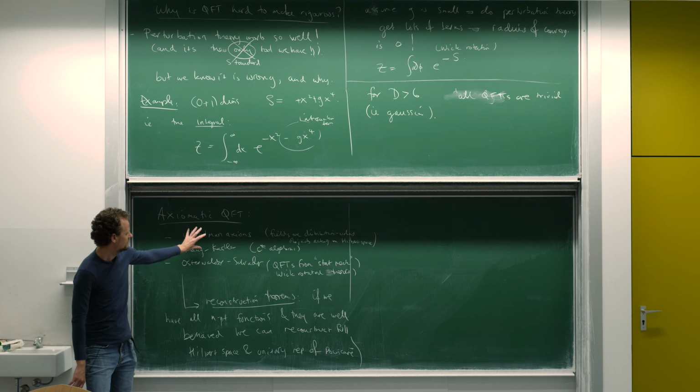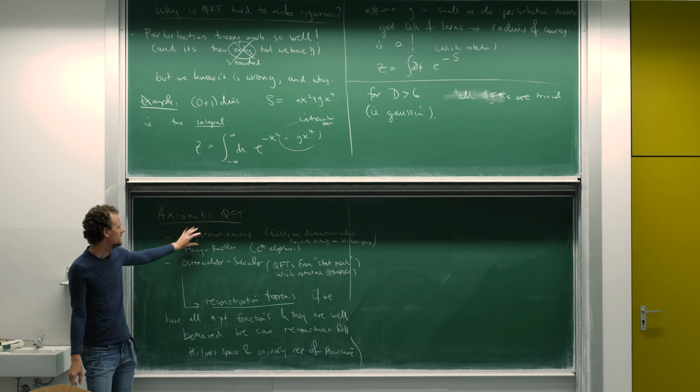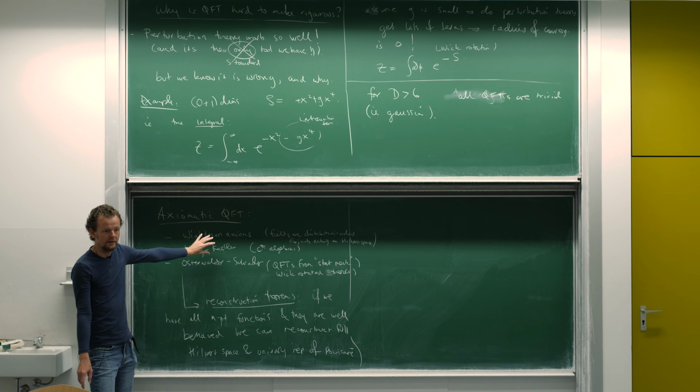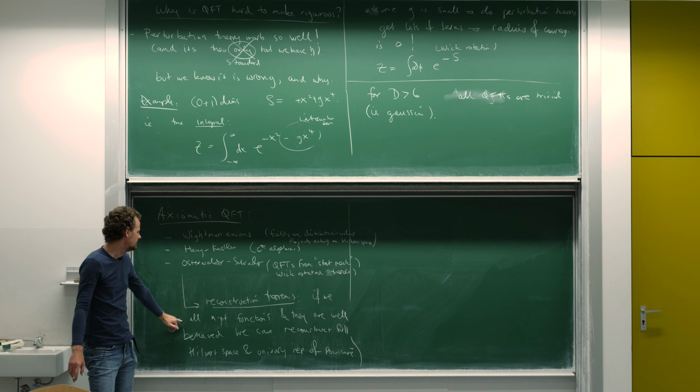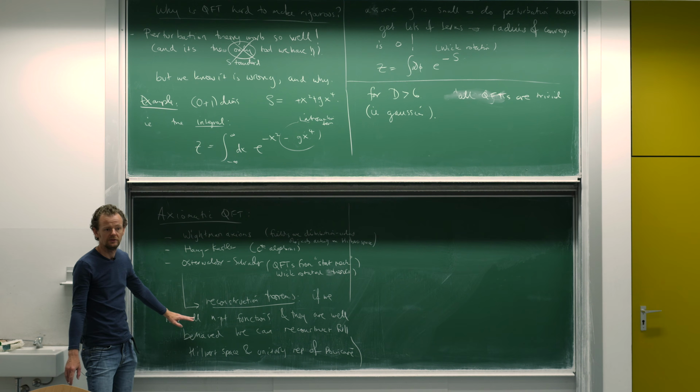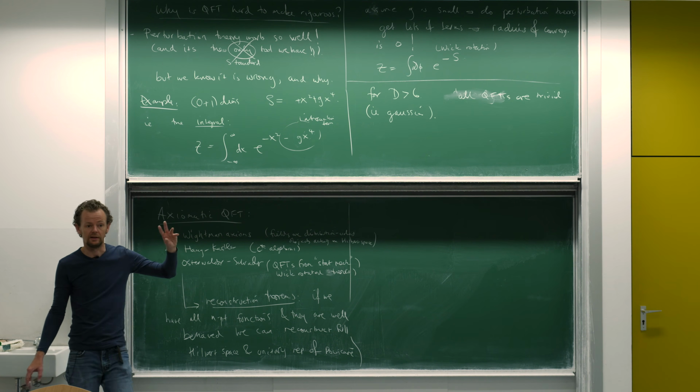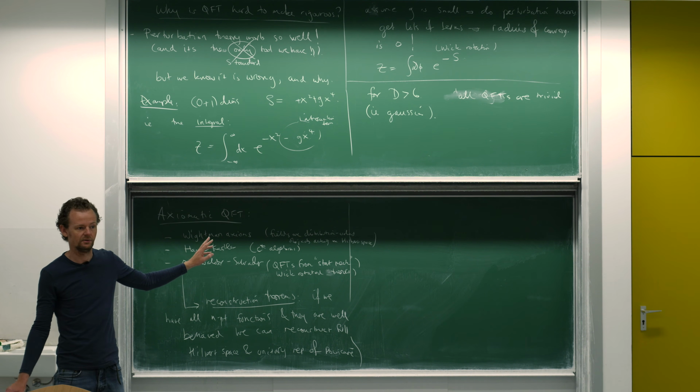There are a bunch of axioms on the n-point correlation functions of your theory in 3 different settings. And if your n-point correlation functions obey a certain number of conditions, then you can reconstruct the full Hilbert space of your theory, and you also get how the Poincare group acts as a unitary representation.